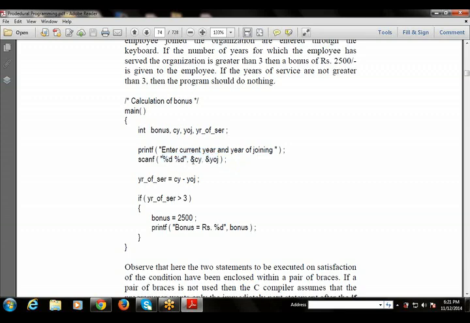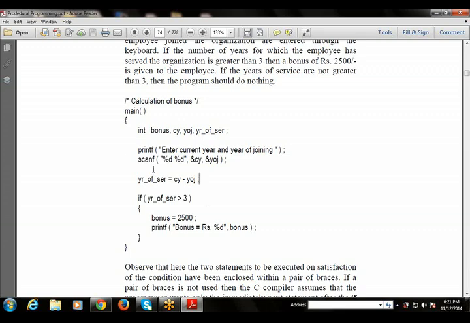That is %d, %d, CY, YOJ, that is year of joining. Then year of service equals CY minus YOJ, that is, the current year minus the year of joining.